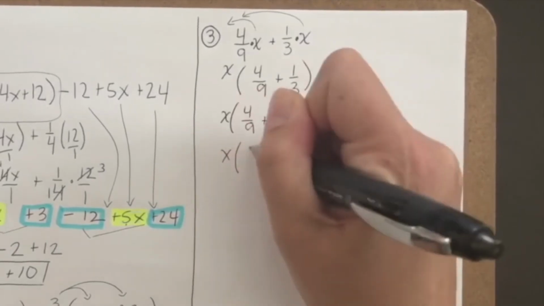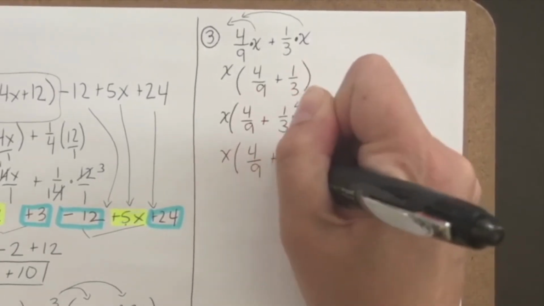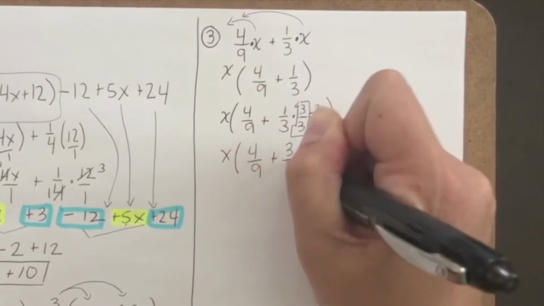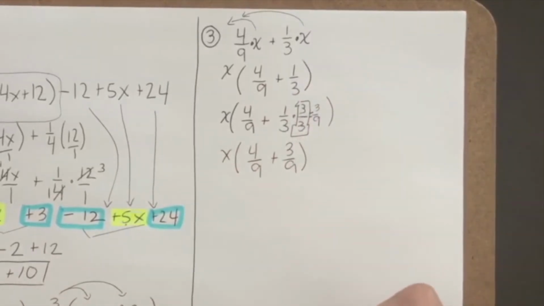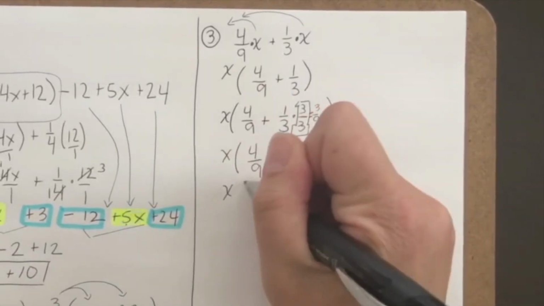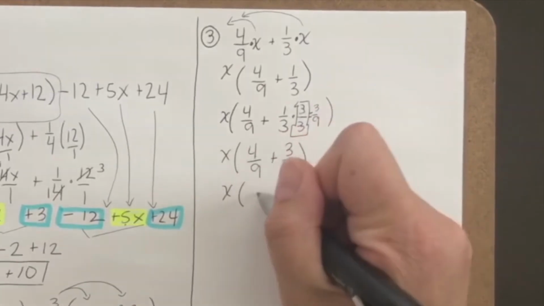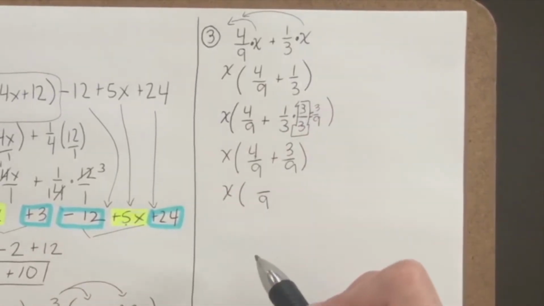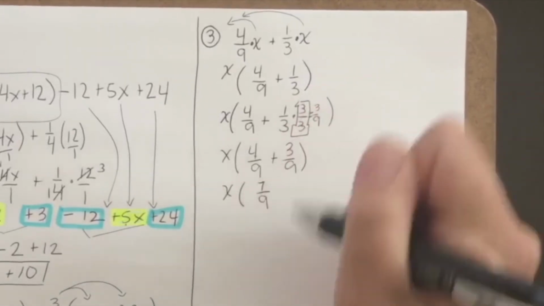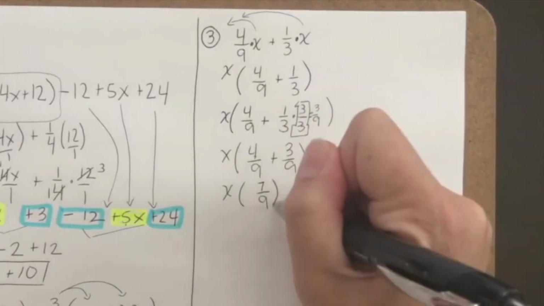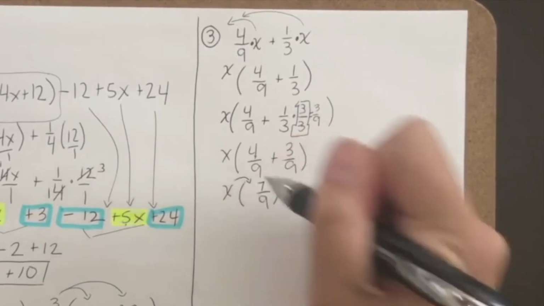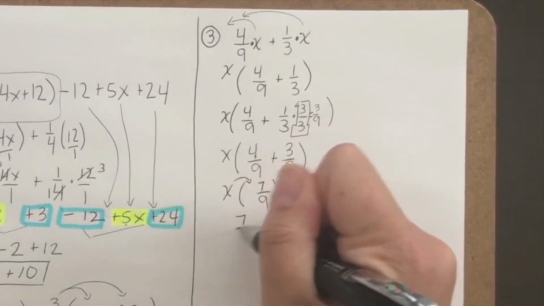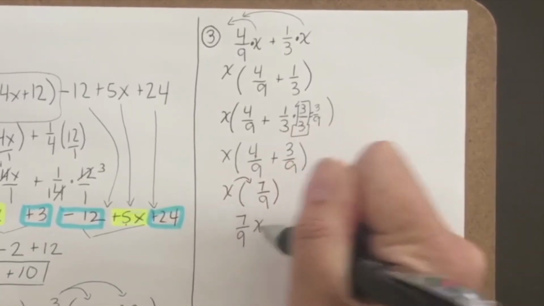So x times 4/9 plus 3/9, and that will be x times, we leave the denominator the same, and we add the numerator. So that's 7. 4 plus 3 is 7. And now we can distribute that x again, and we'll get 7/9 x.